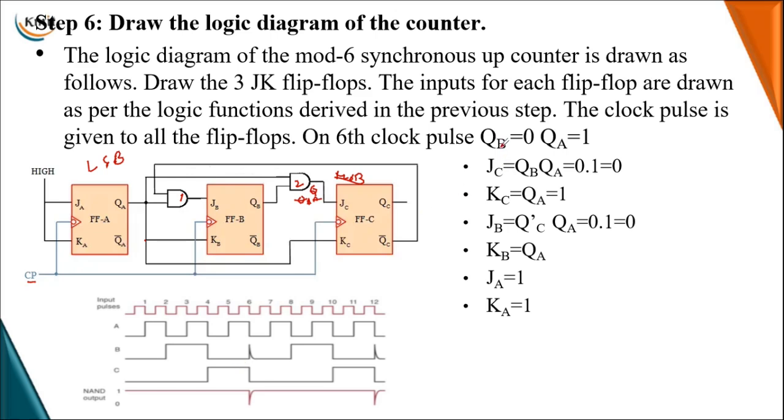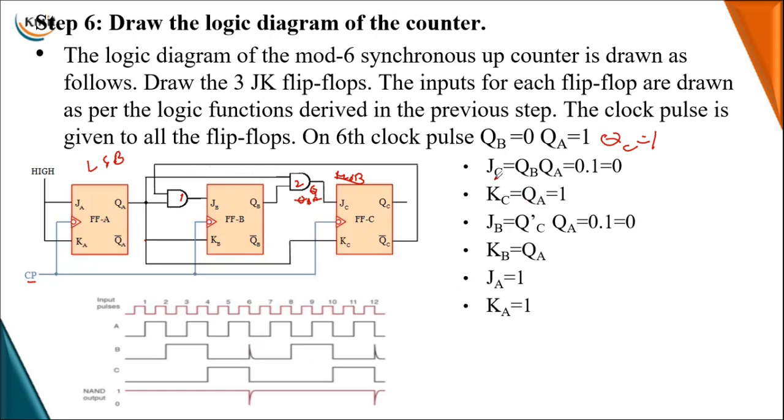So QB equal to 0, QA equal to logic 1, and QC is also equal to logic 1 before the sixth clock pulse. Upon the sixth clock pulse, it moves from 0 to 1. That will be your next state.